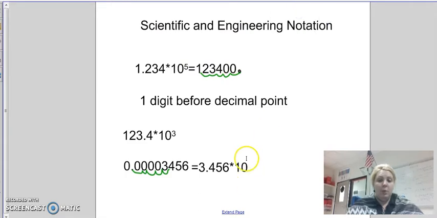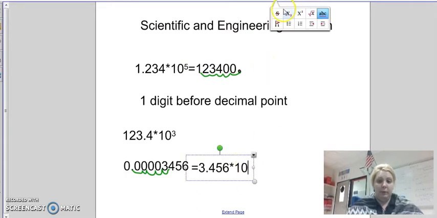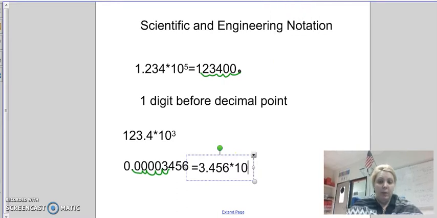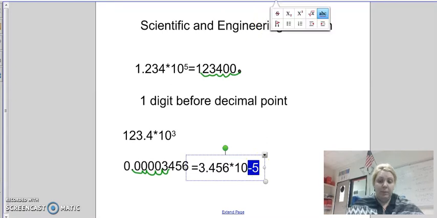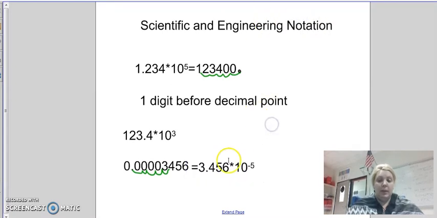So how do you know which one it is, positive 5 or negative 5? Well, if you have a very large number, it's going to be positive. If you have a very small number, it's going to be negative. Another way to tell is to take a look at which way you go. If you are moving your decimal point to the left, then you are going to have a positive exponent.